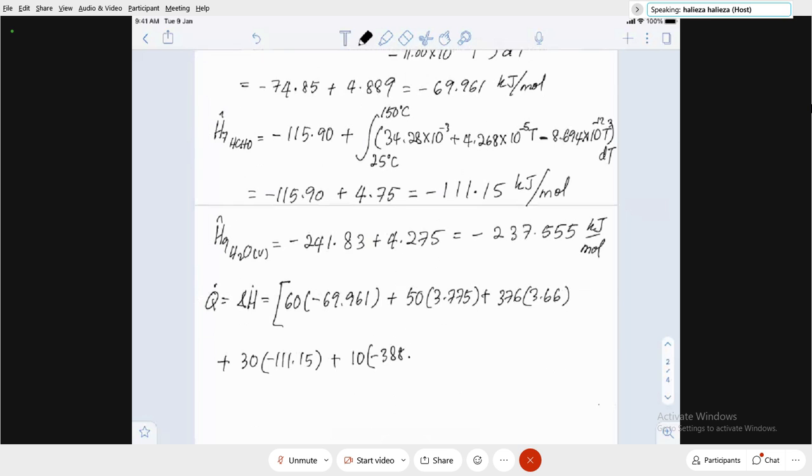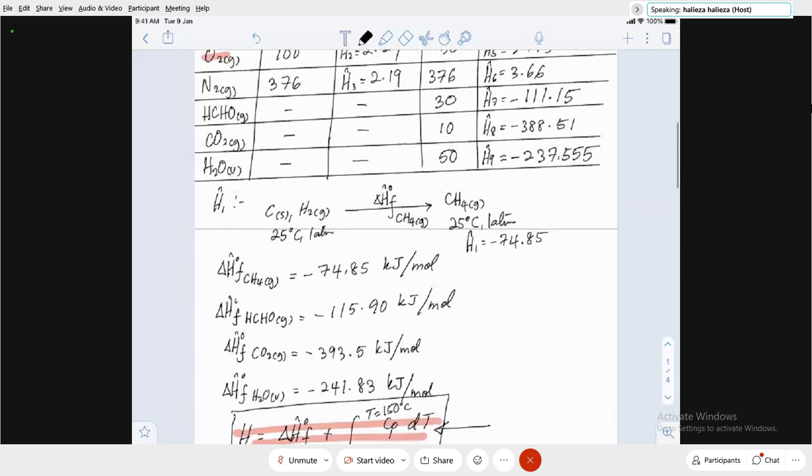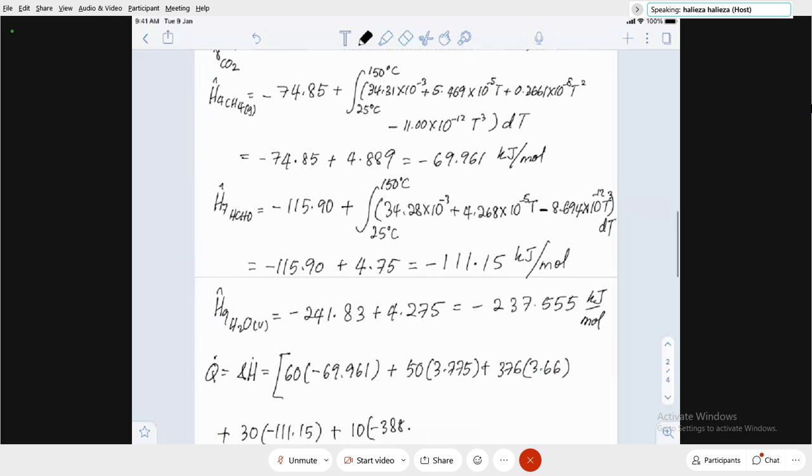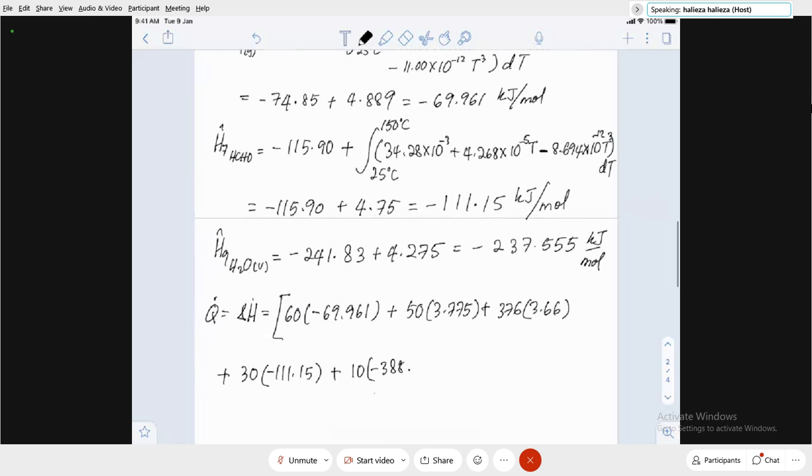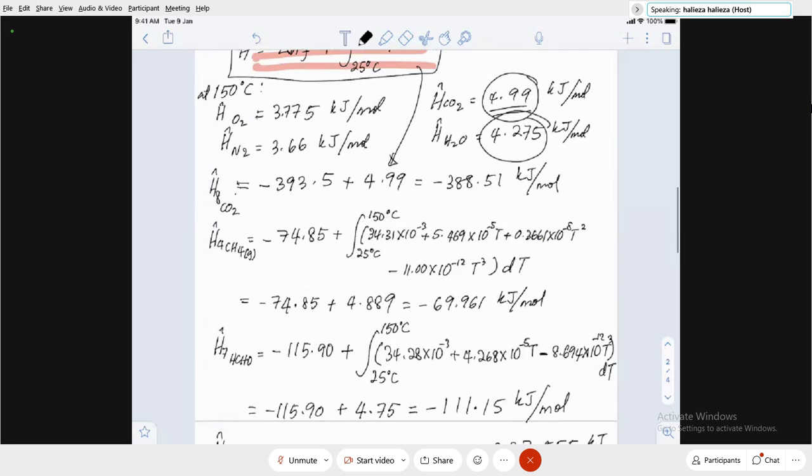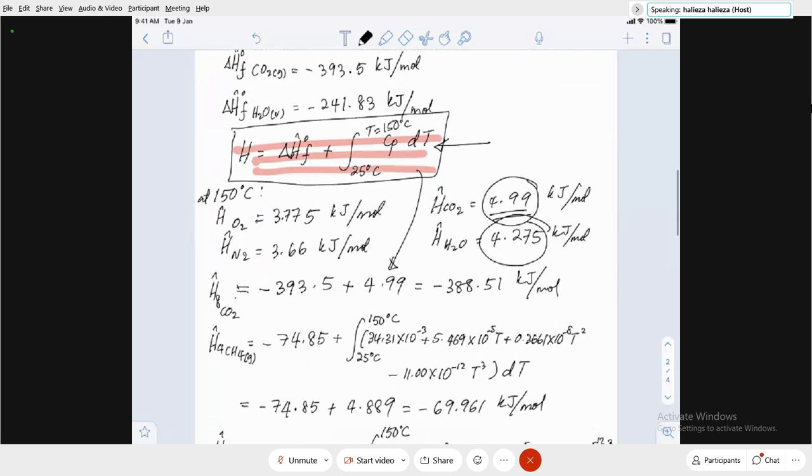The textbook listed 2.88.6, we got 388.51. And lastly, we have our water vapor, 50 moles. The enthalpy is negative 23, what did we get? 237.5.